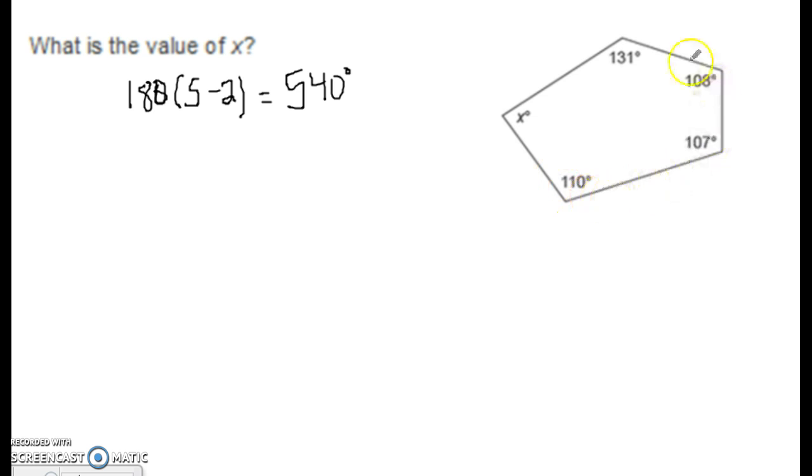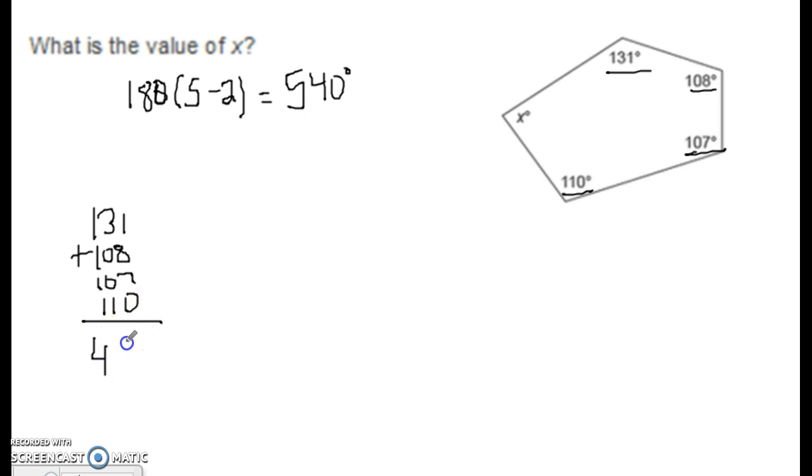Now we're just going to add all these up to figure it out. We're going to take 131 plus 108 plus 107 plus 110. I'm going to add those first. 131 plus 108, 107. Oh man, I typed that in wrong.